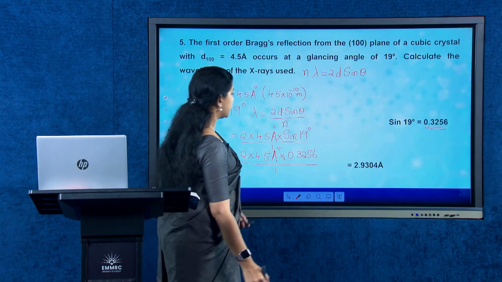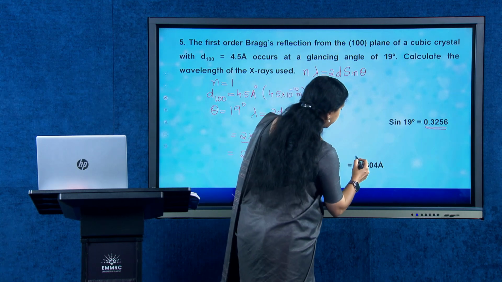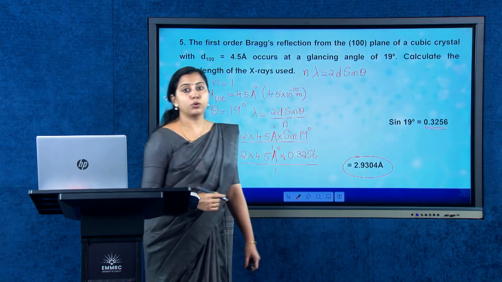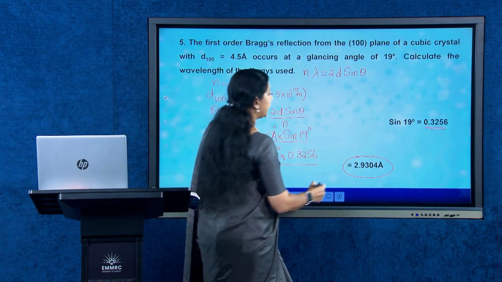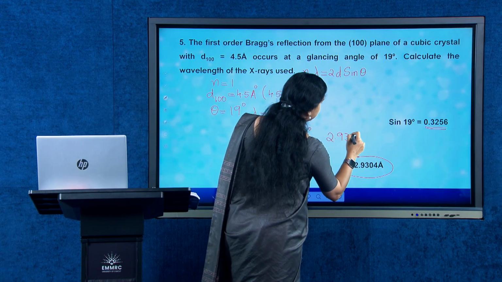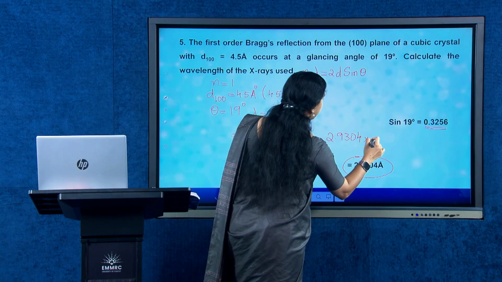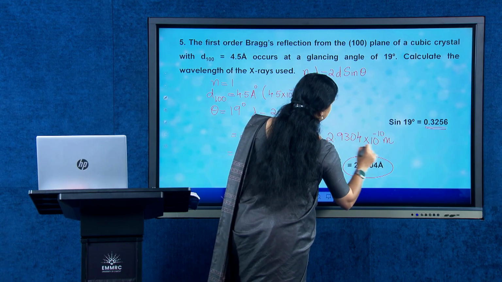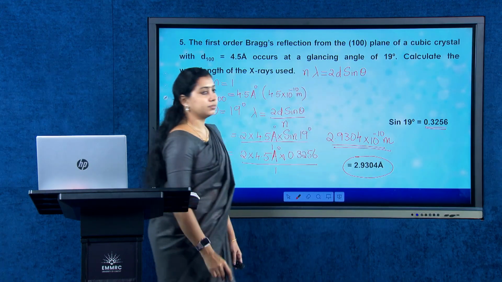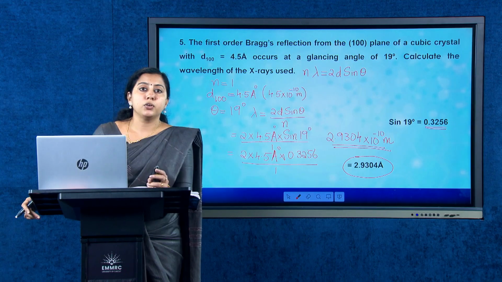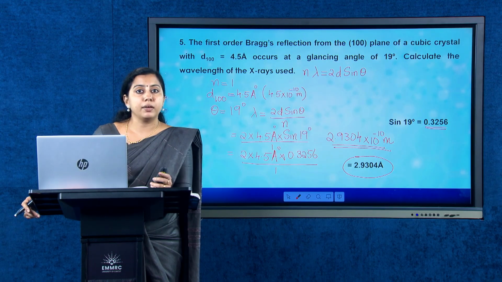When we substitute this, we will get the value in angstrom itself, that is 2.9304 angstrom. If it is in meters, you can represent it as 2.9304 into 10 to the power of minus 10 meters. Okay. So, using the same Bragg's equation, you can also calculate the wavelength of the X-rays used.